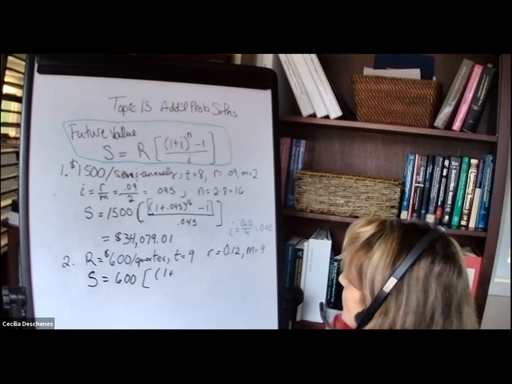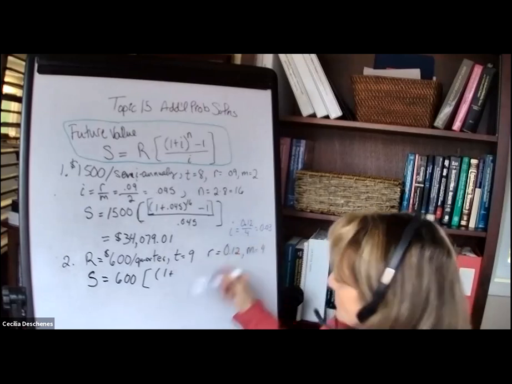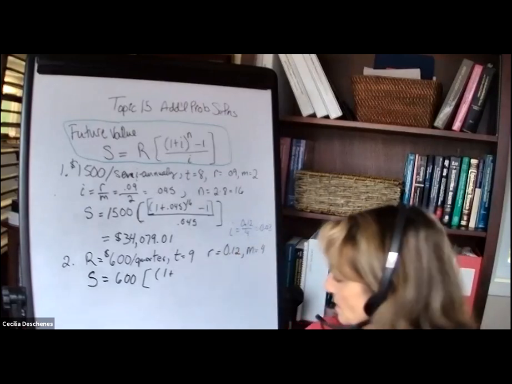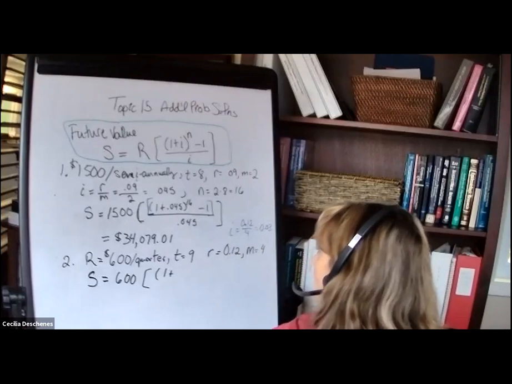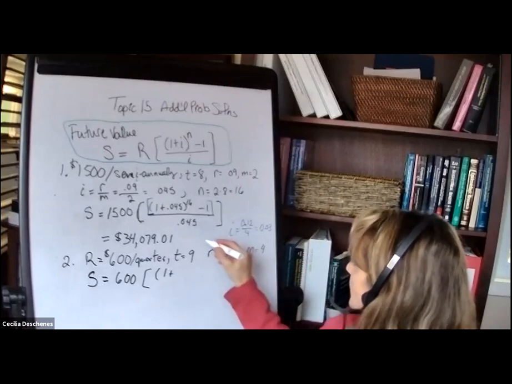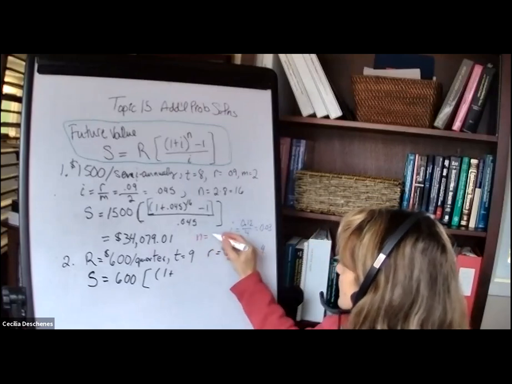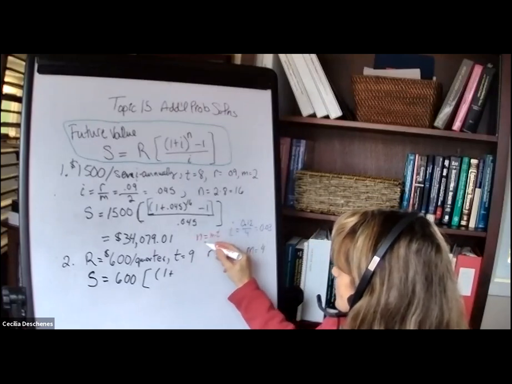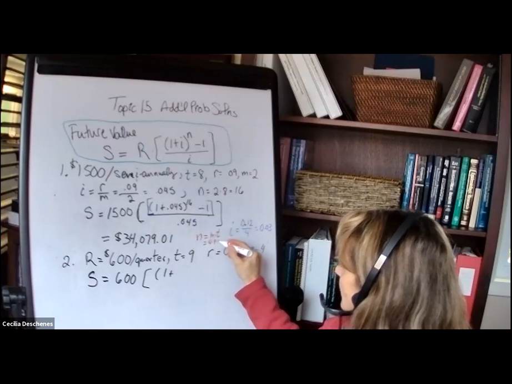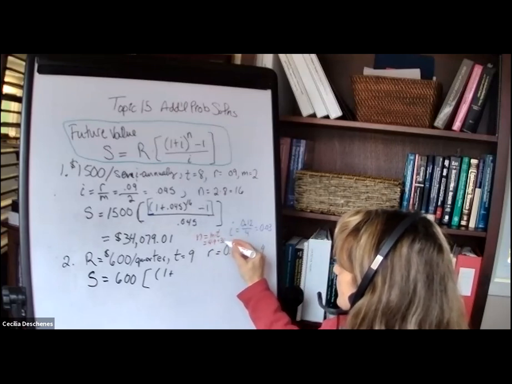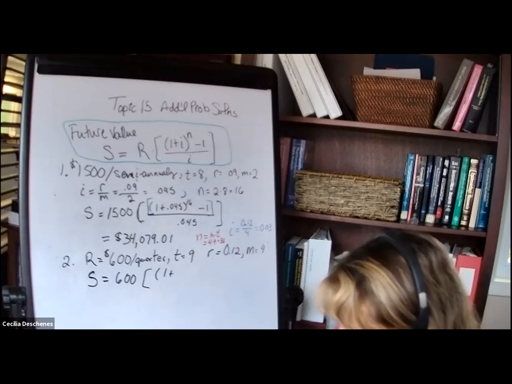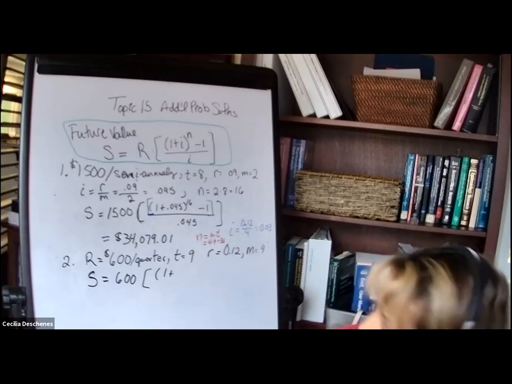And the other thing we're going to need is the N. So let me get the N. We can put that in a different color. So N is going to be MT, M times T. So 4 times 9 or 36. Okay.